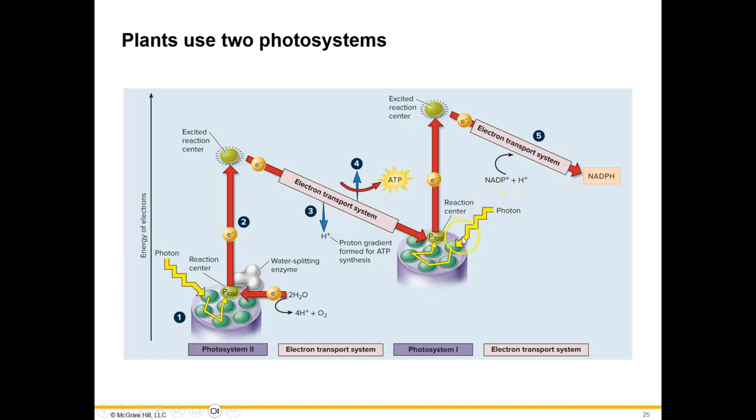We've got a new photon interacting with chlorophyll and exciting another electron. That electron is going to be donated to the electron transport system. And that's what's going to provide the chance for NADP plus to join with a hydrogen ion to form NADPH, which is needed in the Calvin cycle.